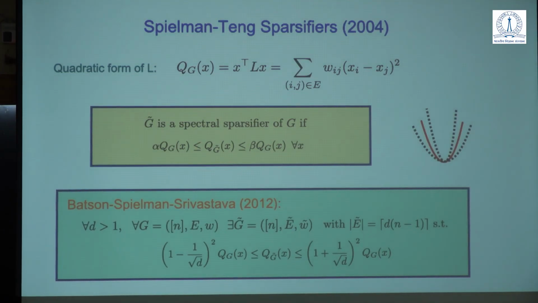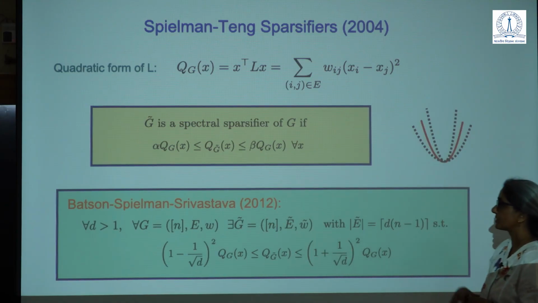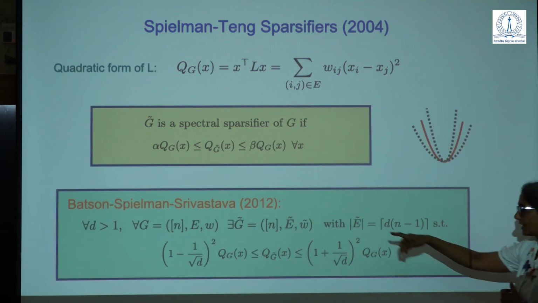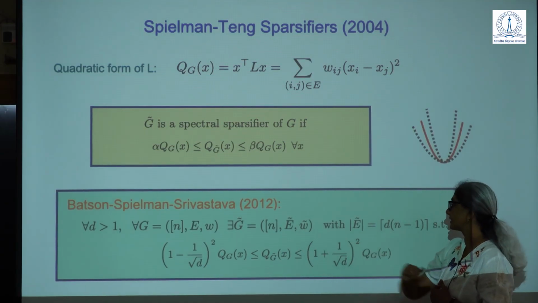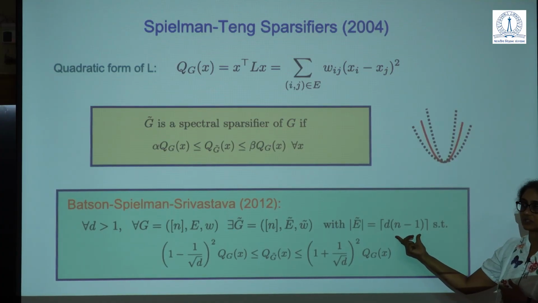And what they prove is the following. This was actually joint with Nikhil Srivastava. They proved in 2012, this is a very famous result now, that for every d bigger than 1, where d is not the degree, it's just a parameter, and for all graphs G, there exists a sparsifier, G tilde, with the number of edges at most this much.